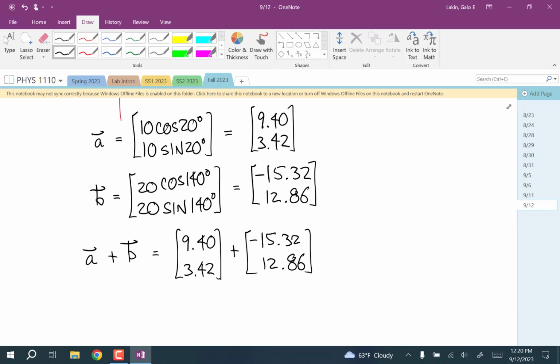And so you get negative 5.92, and then positive 16.28. Okay?